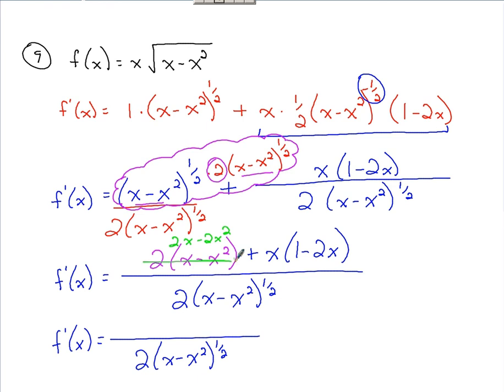And x multiplied through, I've got x minus 2x squared. Combine your like terms. Looks like we've got a negative 4x squared and a couple of x's, right? Got a 2x and an x, that gives me a 3x. So we're finally at the simplified point with our derivative. Now we can use that to find our critical numbers.